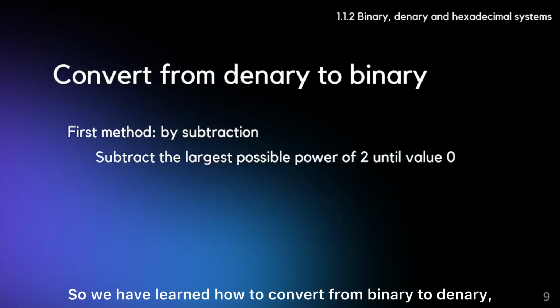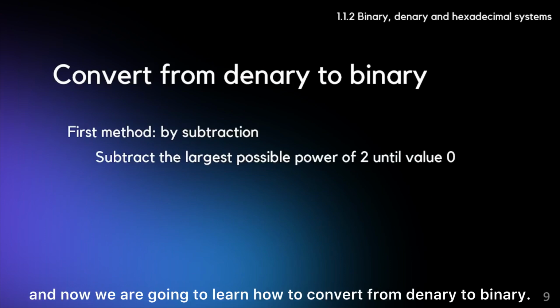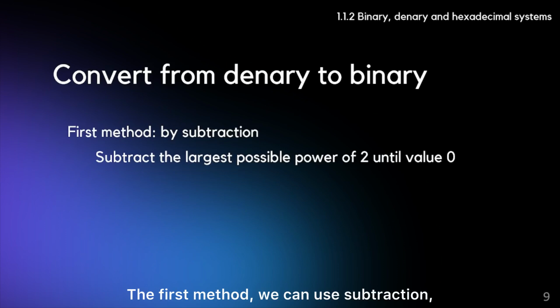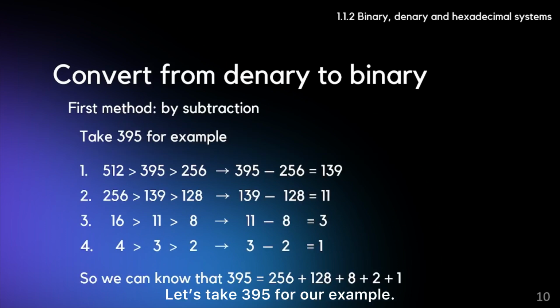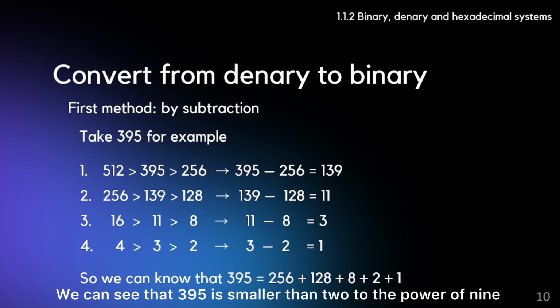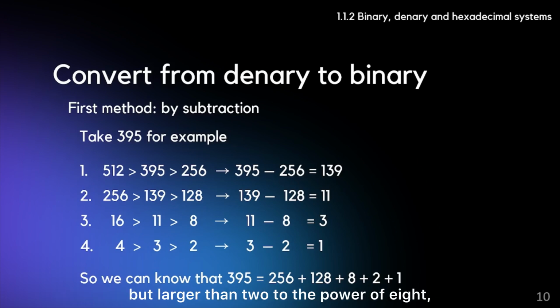So we have learned how to convert from binary to denary, and now we are going to learn how to convert from denary to binary. The first method, we can use subtraction, which is by subtracting the largest possible power of 2 until the value 0 is reached. So let's look at the example. Let's take 395 for our example. We can see that 395 is smaller than 2 to the power of 9 but larger than 2 to the power of 8.